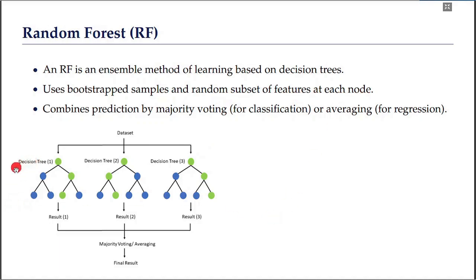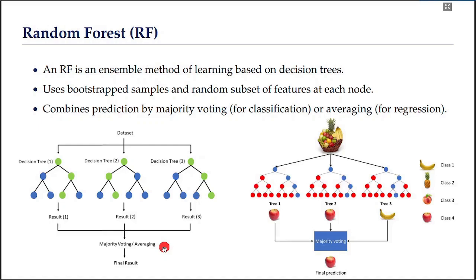Then for decision tree 1, we will make a prediction, let's say result 1, and for decision tree 2, result 2, and for decision tree 3, another prediction, result 3. Then if the problem is a classification problem, majority voting will be applied to make the final prediction, but if it is a regression problem, averaging the results will be considered.